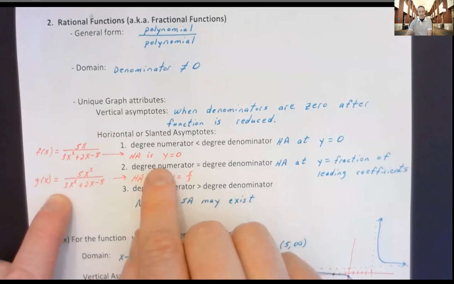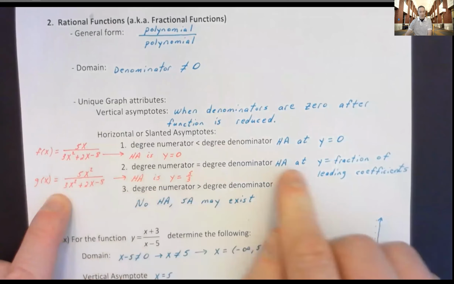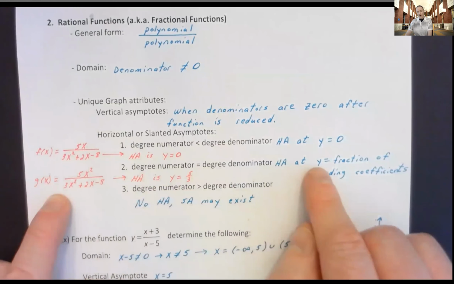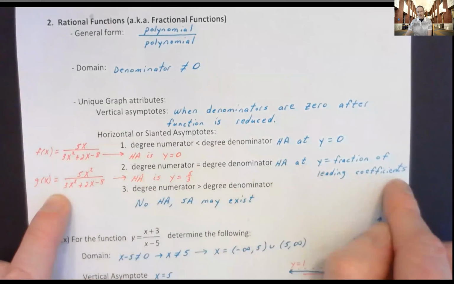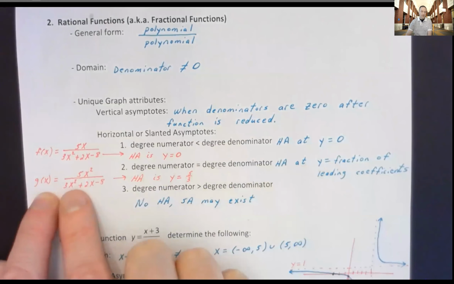Now, notice my next example here. What if the degree of the numerator is equal to the degree of the denominator? My rule says you're going to have a horizontal asymptote at y equals the fraction of the leading coefficients. What do I mean by that? In my example, I have g(x) equal to 5x squared over 3x squared plus 2x minus 8.